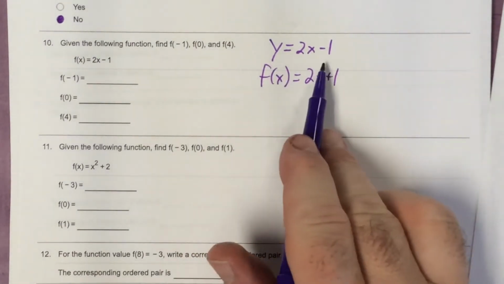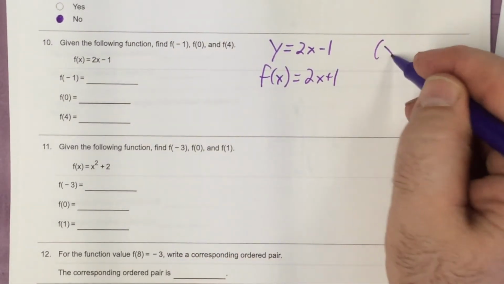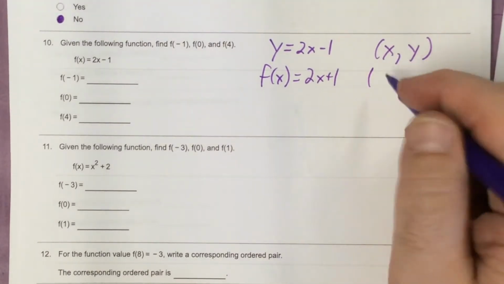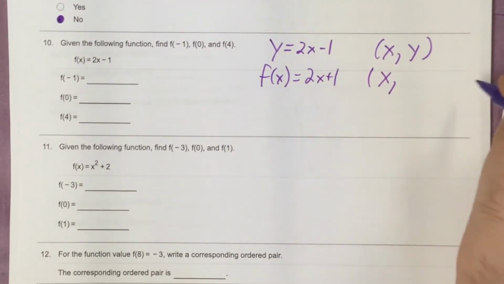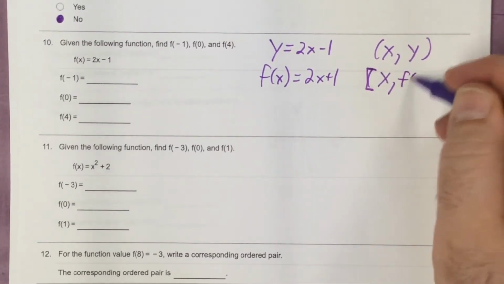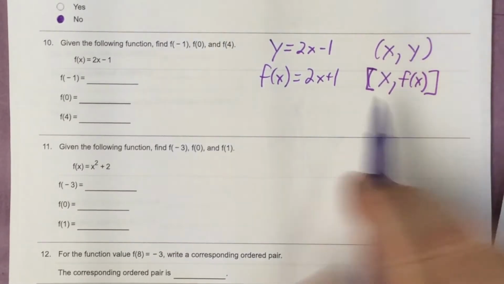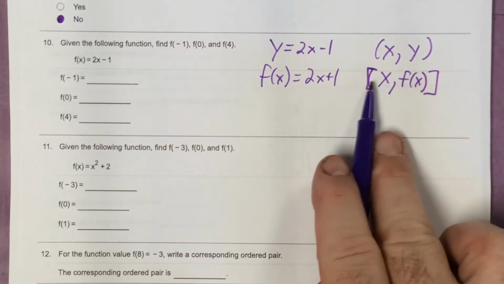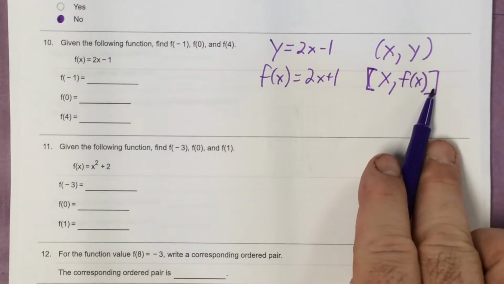Where in this case you might have an ordered pair of x and y, we're going to replace that ordered pair with x, and then, let me put a bracket around this, f of x. I'm just putting a bracket here so I don't confuse the parentheses in f of x with what surrounds a coordinate.